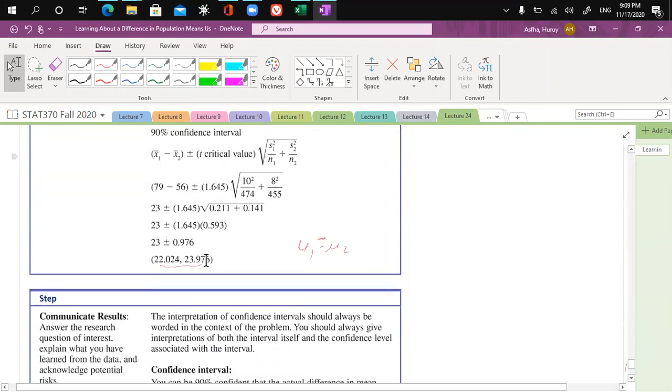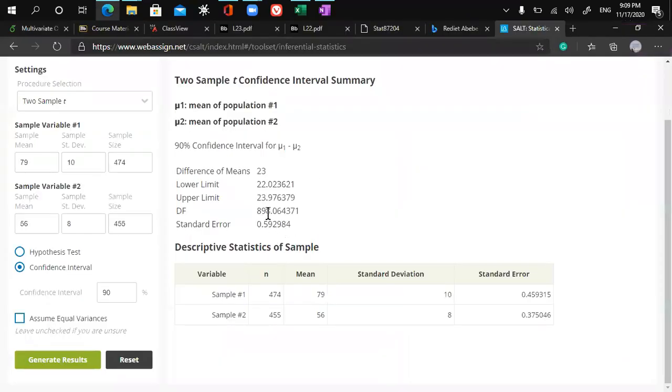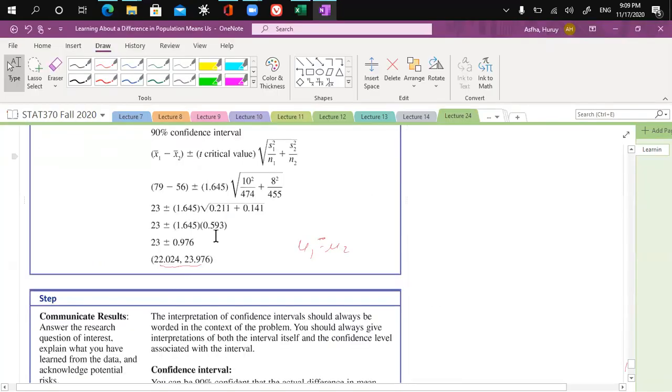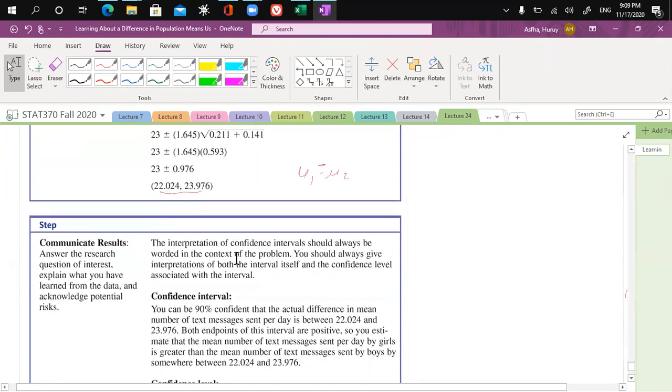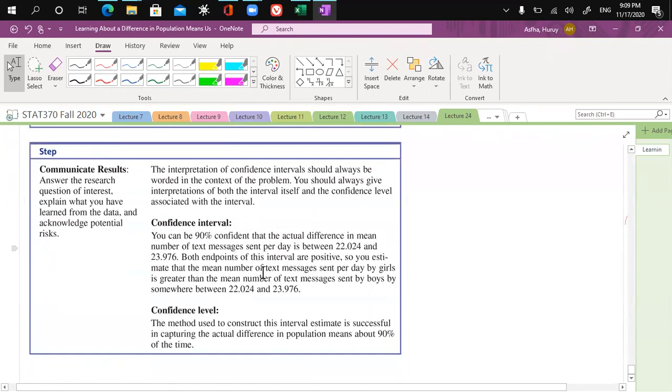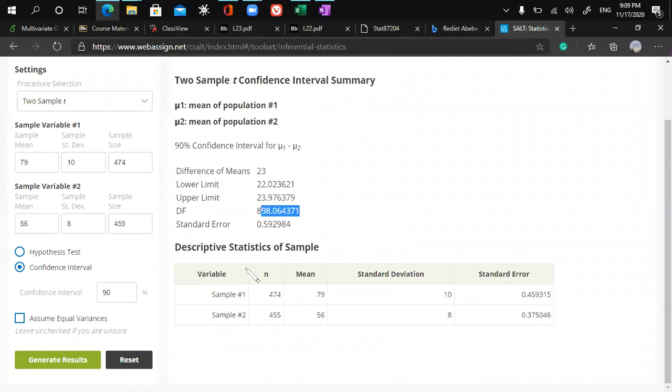And here, 22.024 and 23.976. So the results are exactly the same, but the degrees of freedom are a bit different. I believe this could be a rounding error, but the final conclusion is exactly the same.